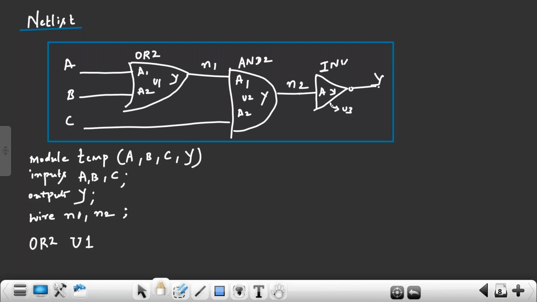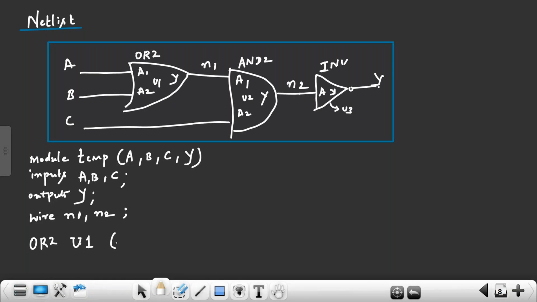Why are instance names given? For every cell there should be a unique name. I can have one more OR gate, or 10,000 OR gates in a design, but every OR gate should have a unique name. So the synthesis tool will give this unique name: OR2, U1.